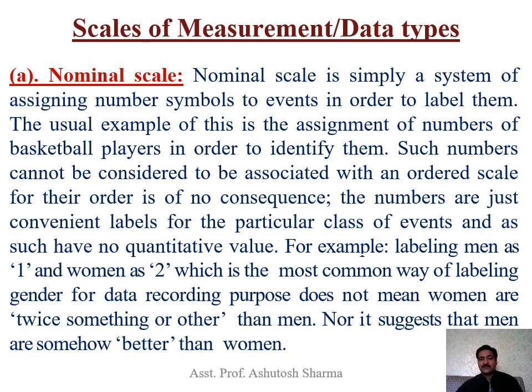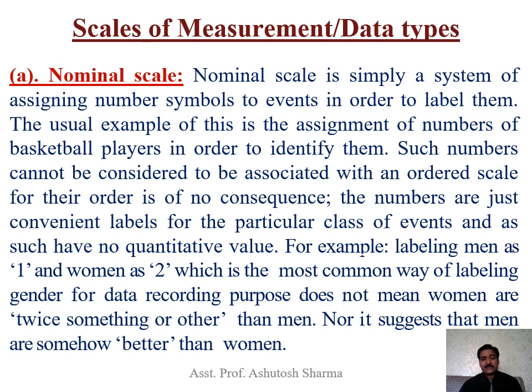The numbers are just convenient labels for the particular class of events and as such have no quantitative value. For example, labeling man as 1 and woman as 2, which is the most common way of labeling gender for data recording purposes, does not mean that women are twice something or other than men, nor does it suggest that men are somehow better than women.